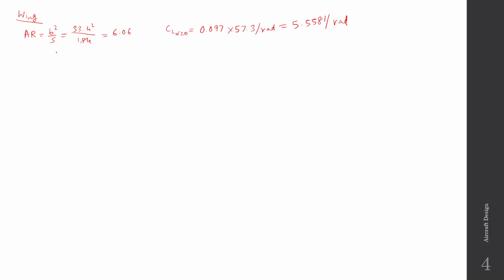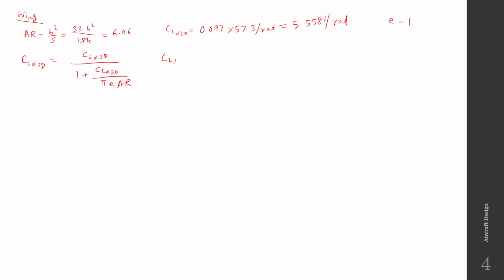Okay, so now CL alpha 3D is equal to CL alpha 2D divided by 1 plus CL alpha 2D by pi E into aspect ratio. Here we are assuming that E is equal to 1 for both the wing and the tail.